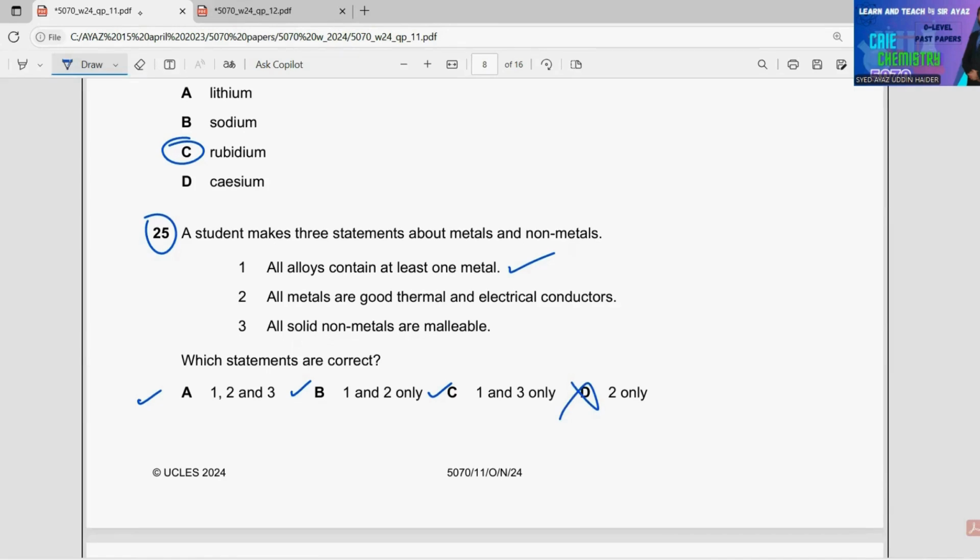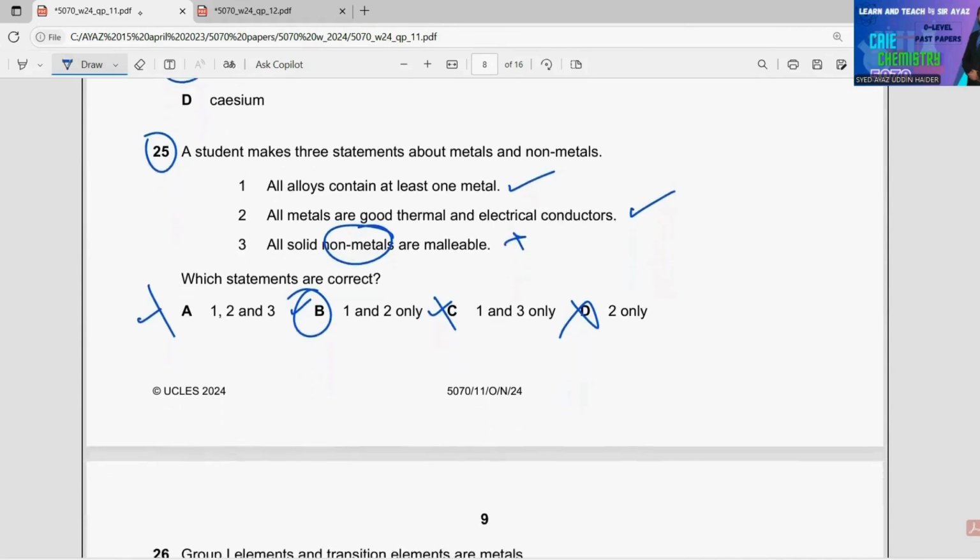Statement number 2. All metals are good thermal and electrical conductors. This statement is also correct. 3. All solid non-metals are malleable. This is incorrect. Non-metals are not malleable. So obviously B is the right answer in this case. Both A and C are incorrect.